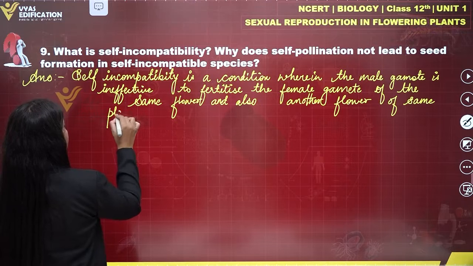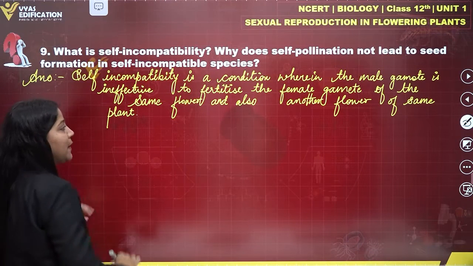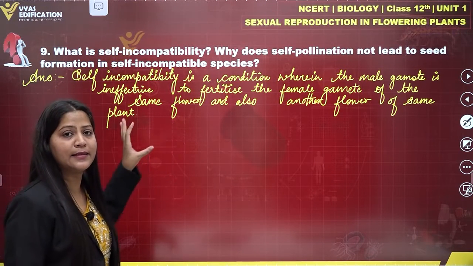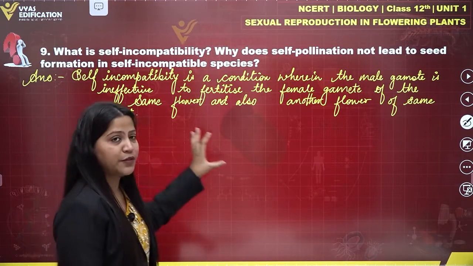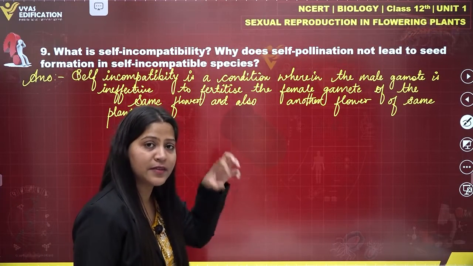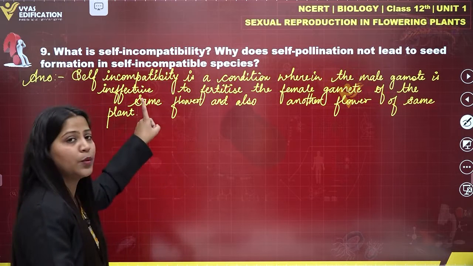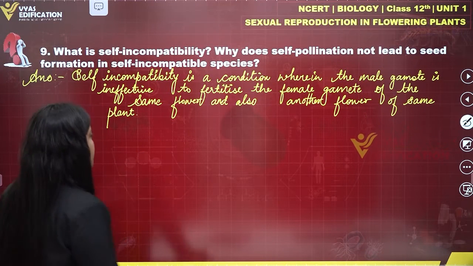Alright, so this is a condition wherein the male gamete is unable to fertilize the female gamete of the same flower or another flower of the same plant. This condition is known as self-incompatibility.